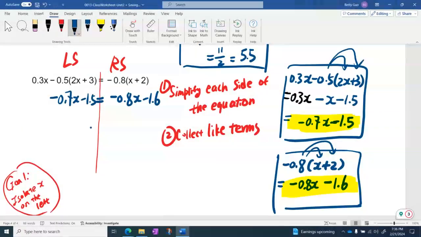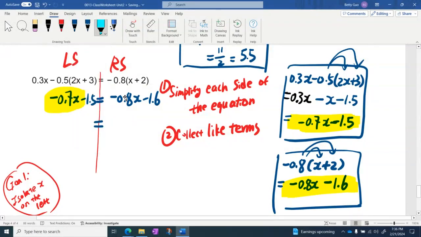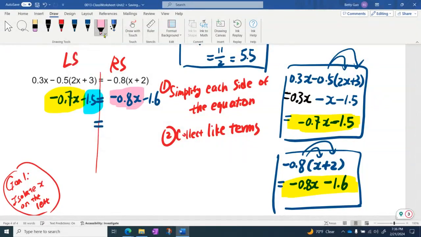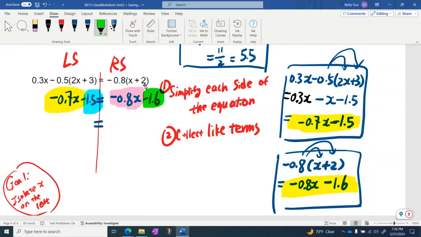And to collect like terms, I want this yellow, green. So I want to collect the yellow and the pink together on the left.